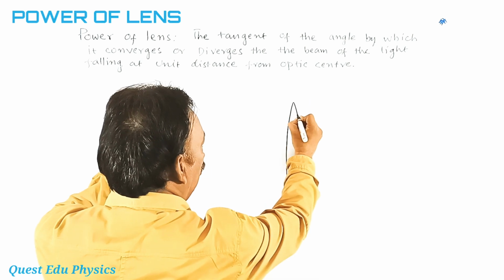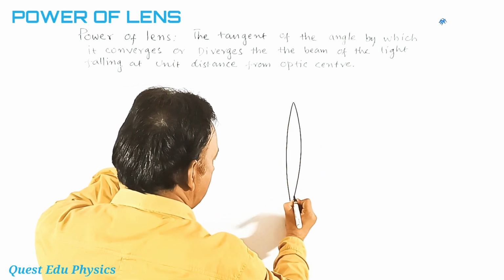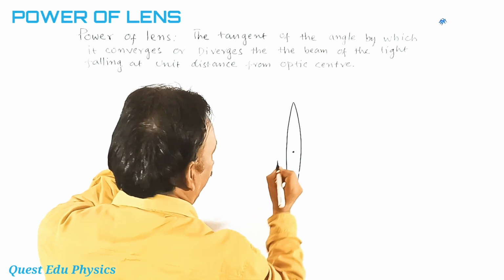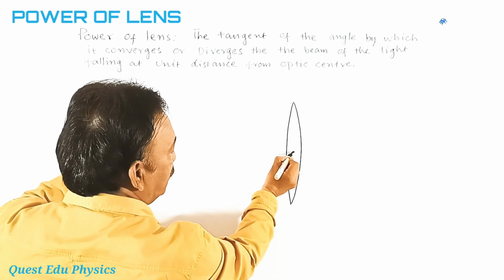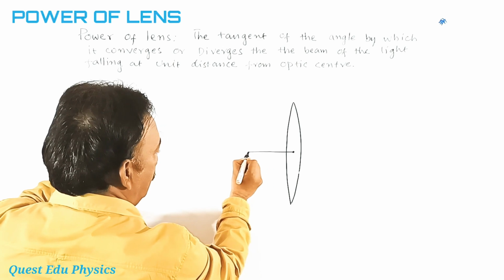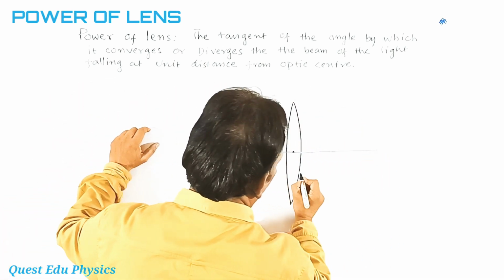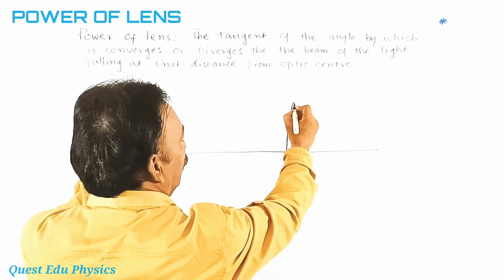Here it is a biconvex lens. Okay, students, optic center, and here we have the principal axis.